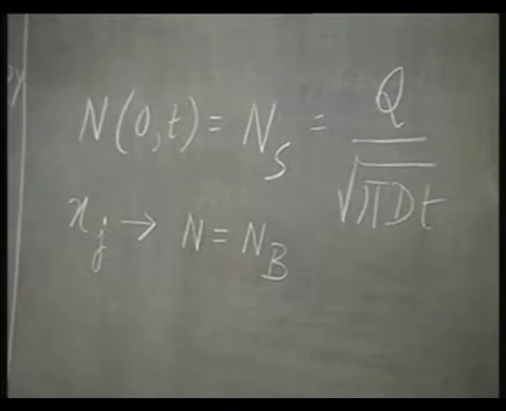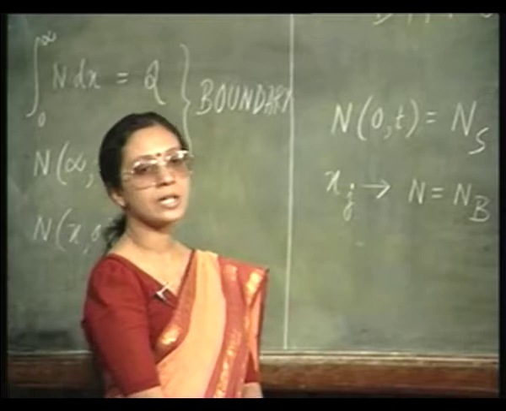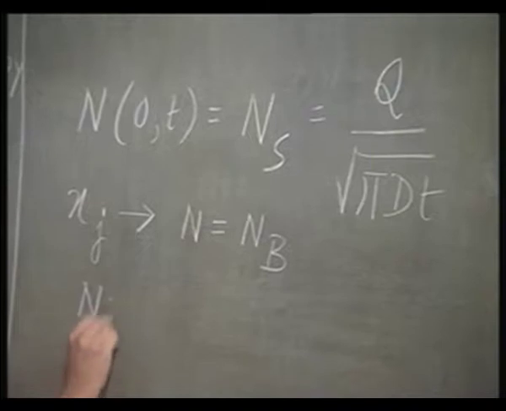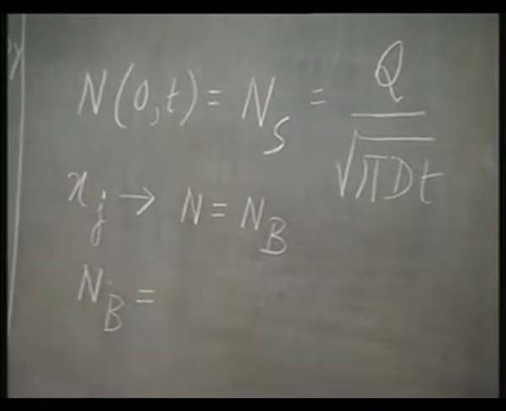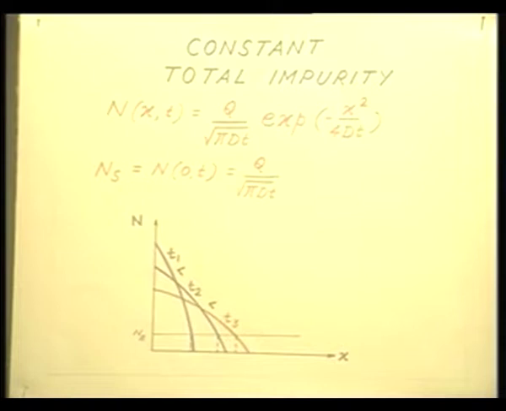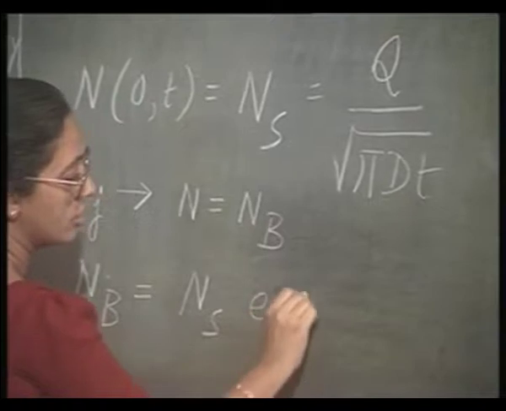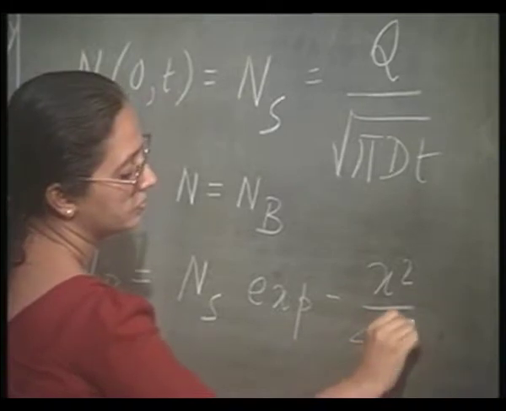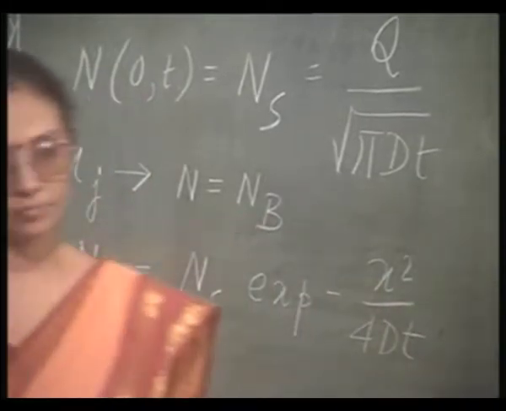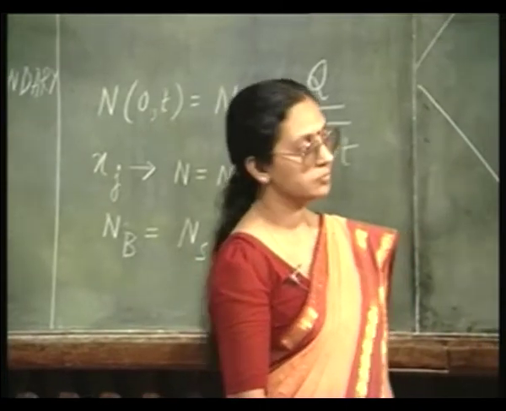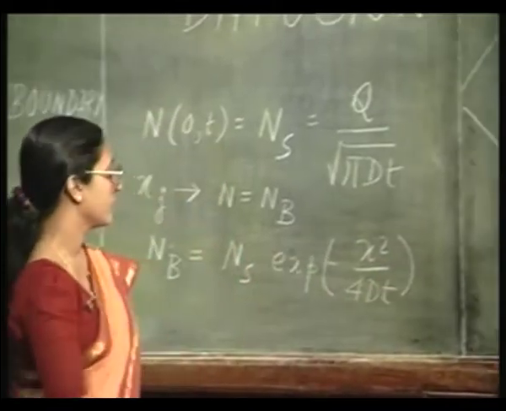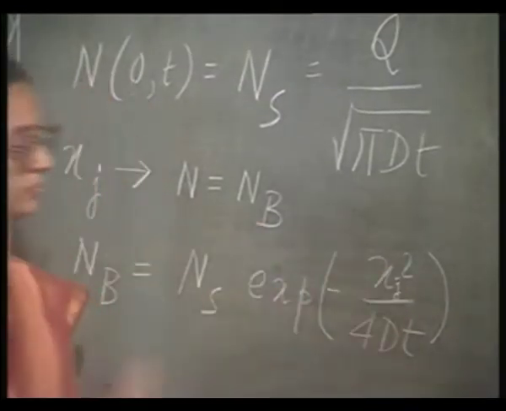So, if I put N equal to Nb at the left hand side of this equation, then what do we get? We get Nb is given as Q by root pi Dt, which is Ns, exponential minus x square by 4Dt, and this x is actually xj.